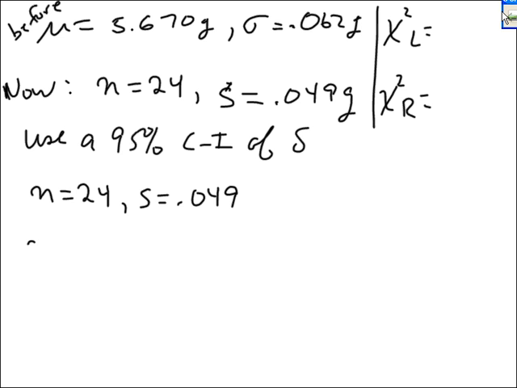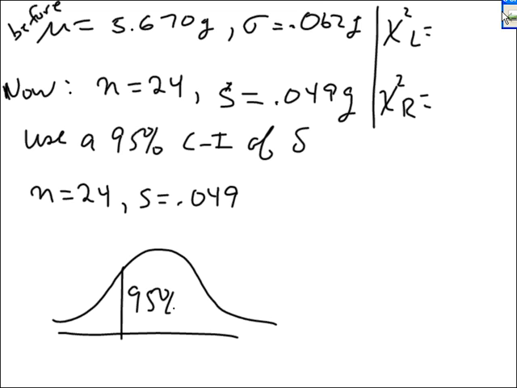Since we want a 95% confidence interval, the best way is to draw this picture. We have 95% in the middle. Remember, the requirement to use this technique is that the population must be normally distributed. So if it's 95% in the middle, that leaves 5% left over. So 2.5% goes to the left, and 2.5% goes in the right tail.